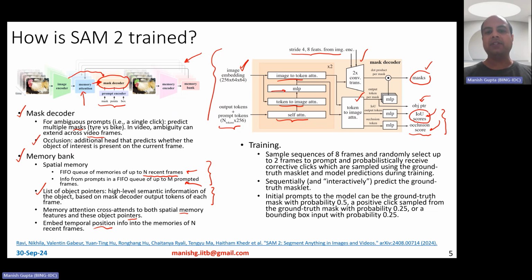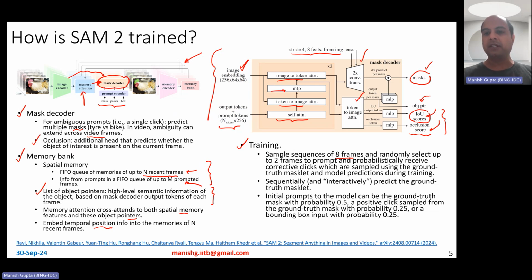Now, how is training done? Training for SAM2 is done by sampling sequences of 8 frames and randomly selecting 2 frames where you supply the interactive input. The interactive input is automatically supplied based on existing training data, rather than having a human in the loop.